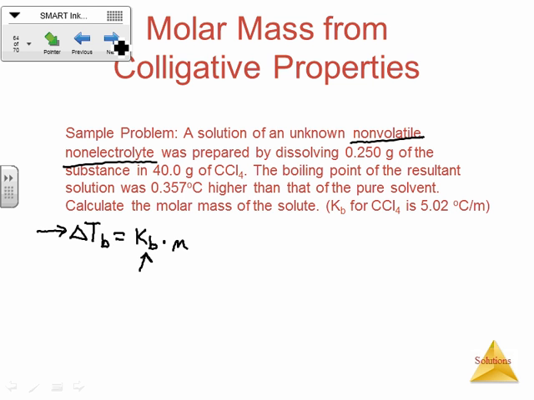Okay, so what we've got here, this is our change in boiling point. That's our delta TB, right? So 0.357 degrees Celsius is equal to our KB for the CCl4, which is 5.02. And then we multiply that by the, well, what are the moles of the solute here?